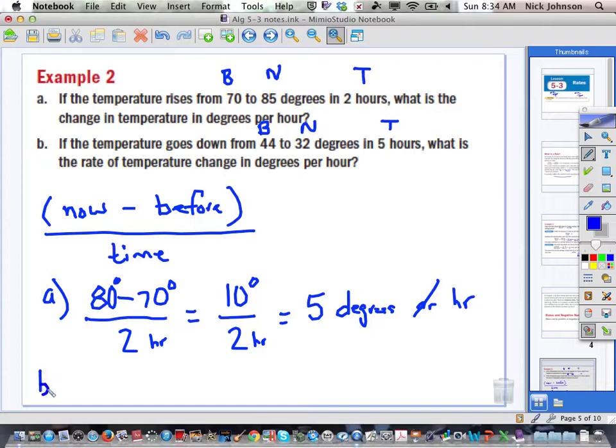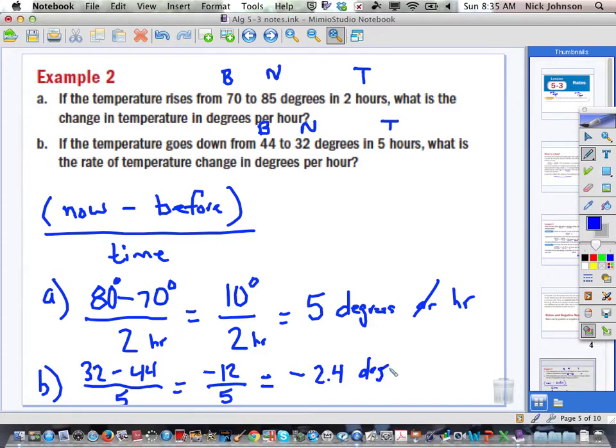So B, 32 minus 44 divided by 5. 32 minus 44 is negative 12, divided by 5 equals, a negative divided by a positive, negative 2.4 degrees per hour.